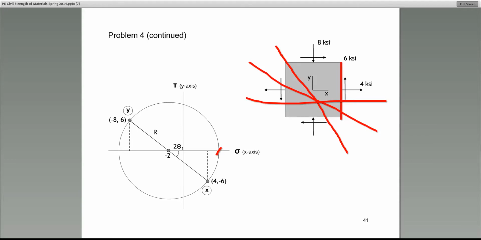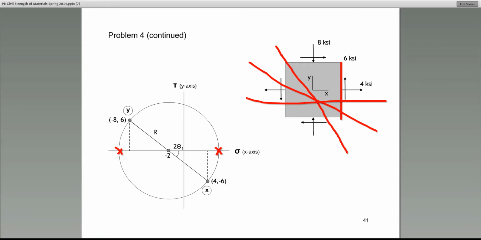This point would be the point on the circle that would give you either the highest or the lowest X value, which would be the stress. Mary, do you agree with that? And the point on the left-hand side where the circle crosses the x-axis.